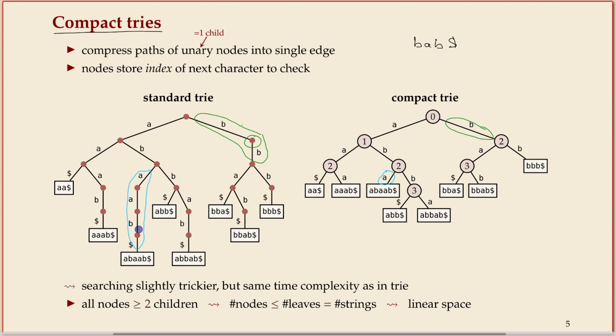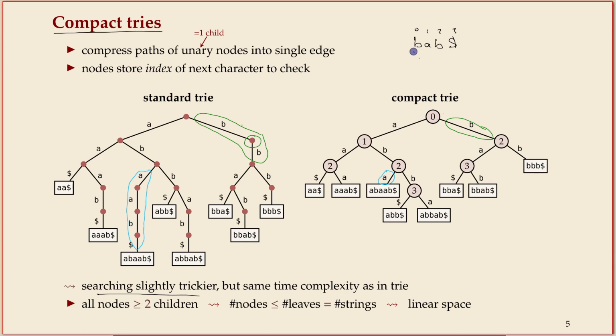It's more extreme in this case even, where we just keep the first A and then all the remaining characters are just stored in the leaf. So that makes the searching in the compact trie a little trickier, but not overly more complicated. Let me do the example here properly again with the explanation. We start at the root, and we have the indices of the characters. We look into the root and ask what character are we supposed to compare next.